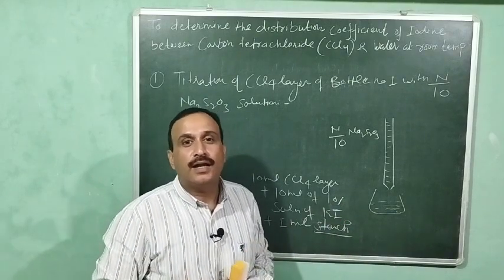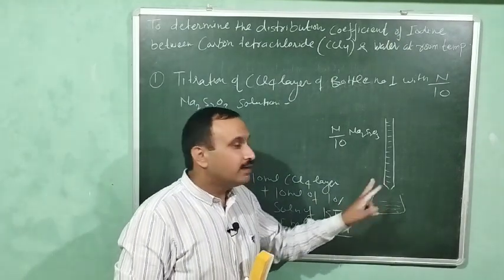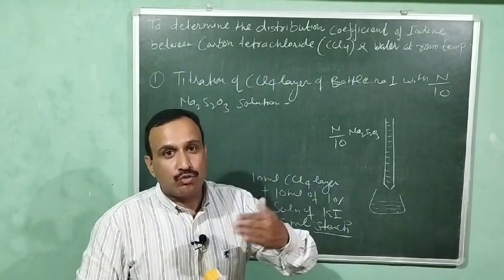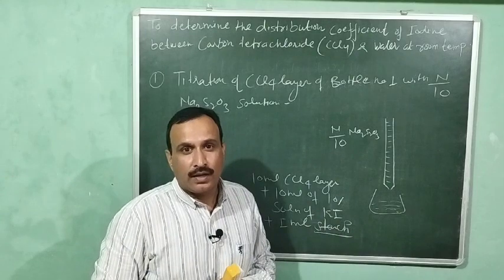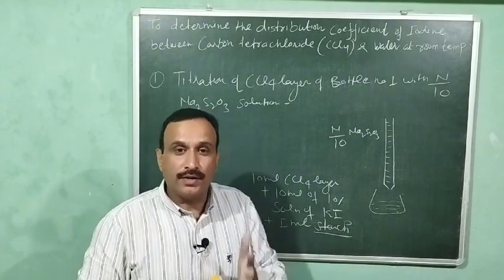And this will be the end point of our titration. Then we will note the final reading of the burette, and we will calculate the volume used by subtracting the initial reading from the final reading. And we will repeat this procedure to get 3 concordant readings.